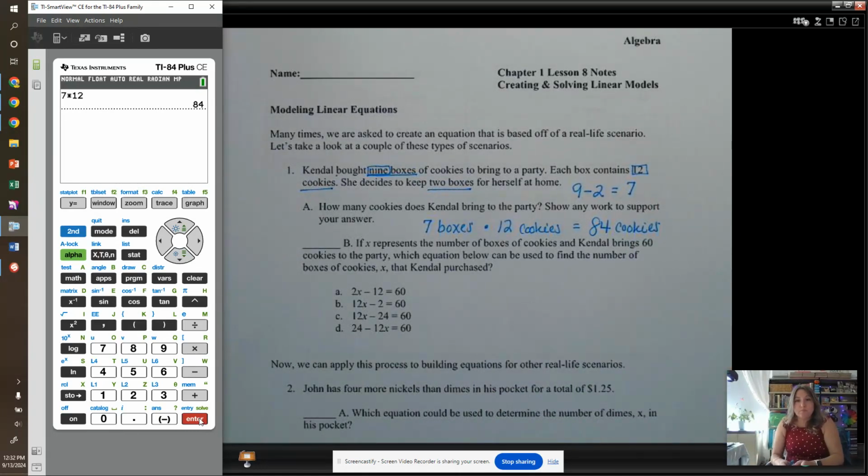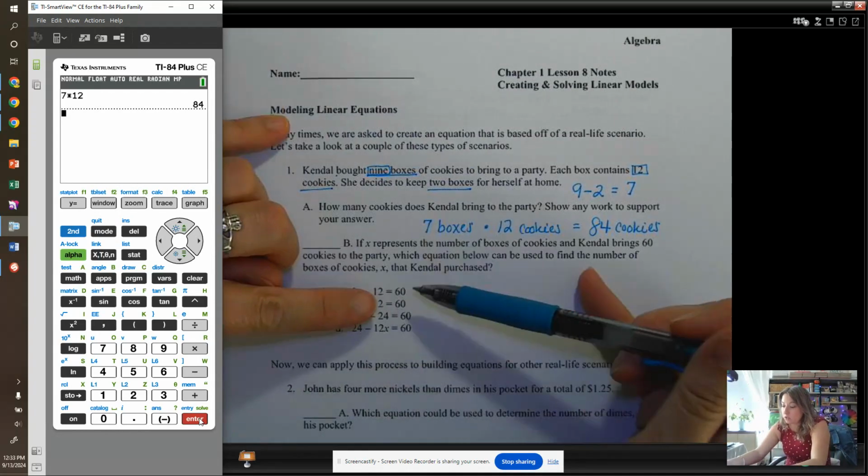Now, if X represents the number of boxes, and we know that Kendall brings a total of 60 cookies to the party, which equation could be used to find the number of boxes that are brought? Okay, let's think about this.